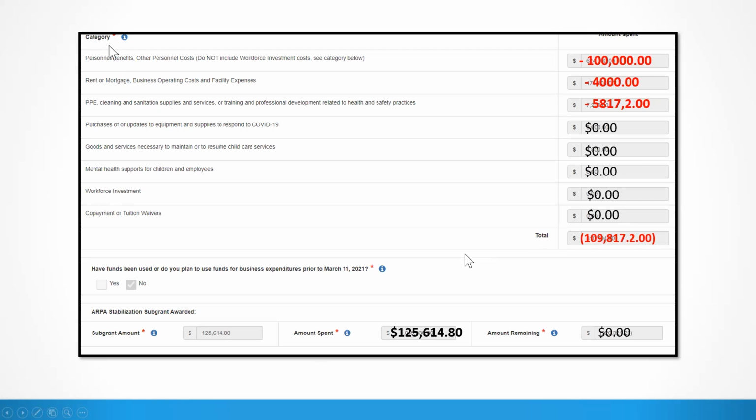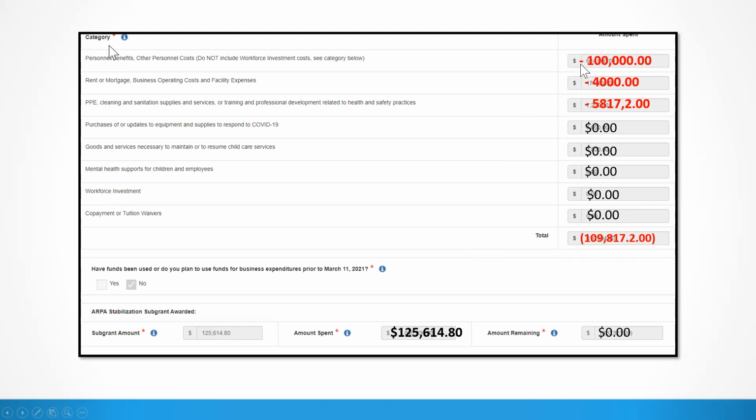In this situation, what you have to do is subtract, okay? So as you can see, I put minus $100,000 under personnel and benefits because I reported $300,000. However, I reported more than the amounts that they were giving to me. So I need to take that money away.